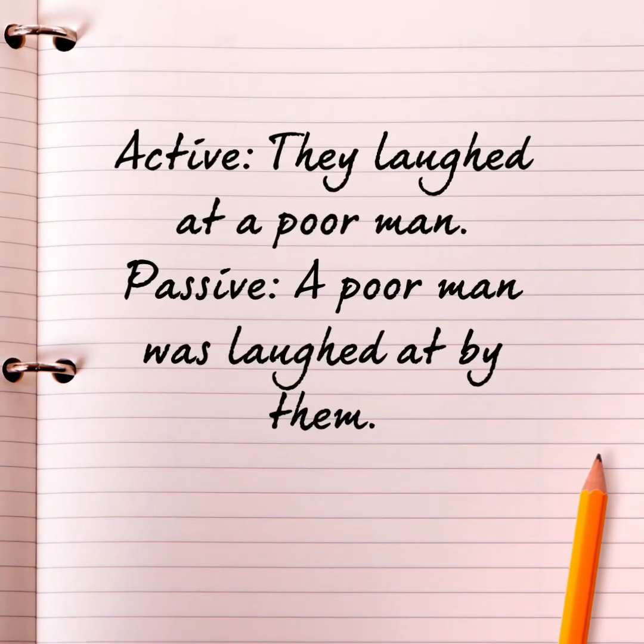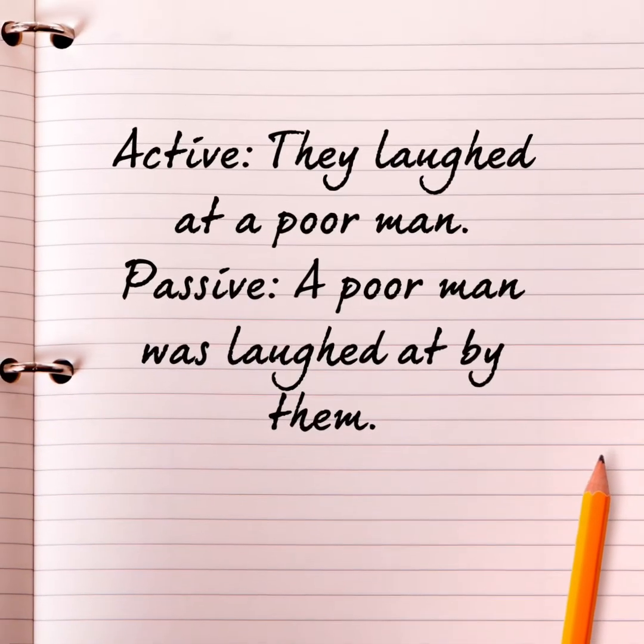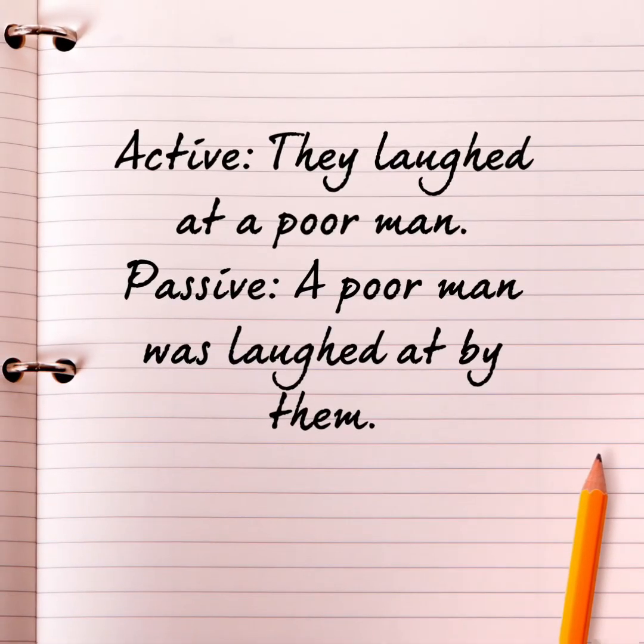Here we have an example: They laughed at a poor man. A poor man was laughed at by them. So here we can see that with laughed we have the preposition at. So in passive voice it has been used as it is without any change.